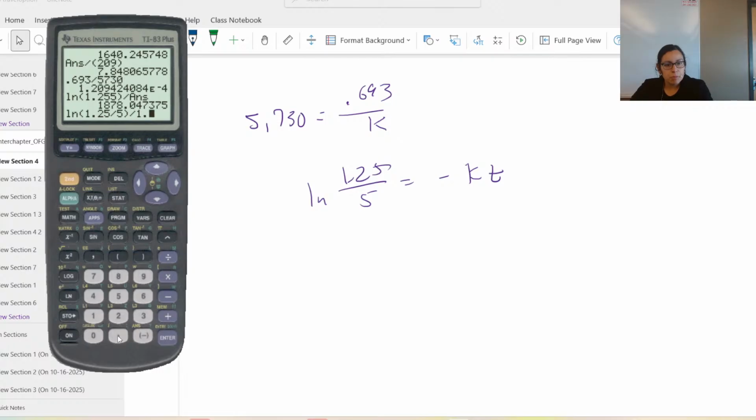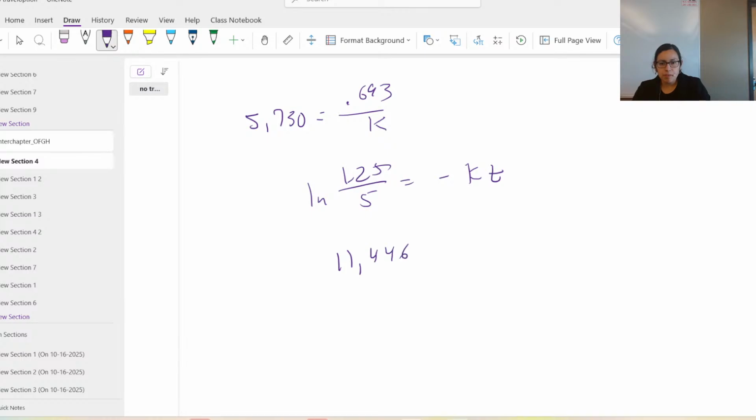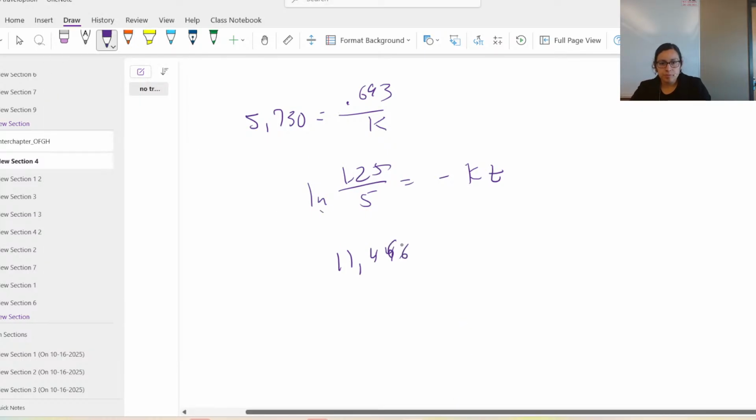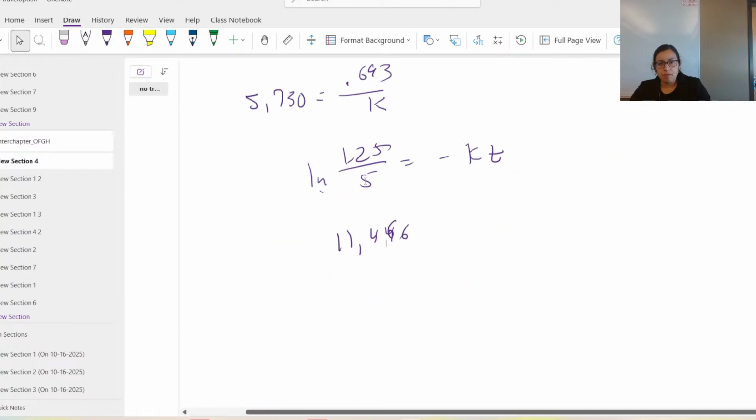Divided by 1.2029 times 10 to the negative 4th. And so that does give us about the same answer. So with the negative sign, 11,466 there, which is about what we get.